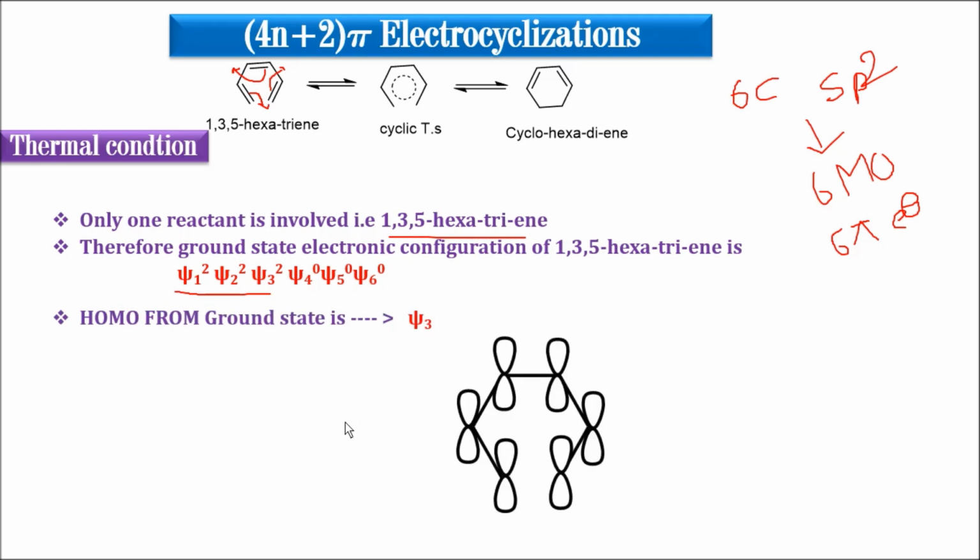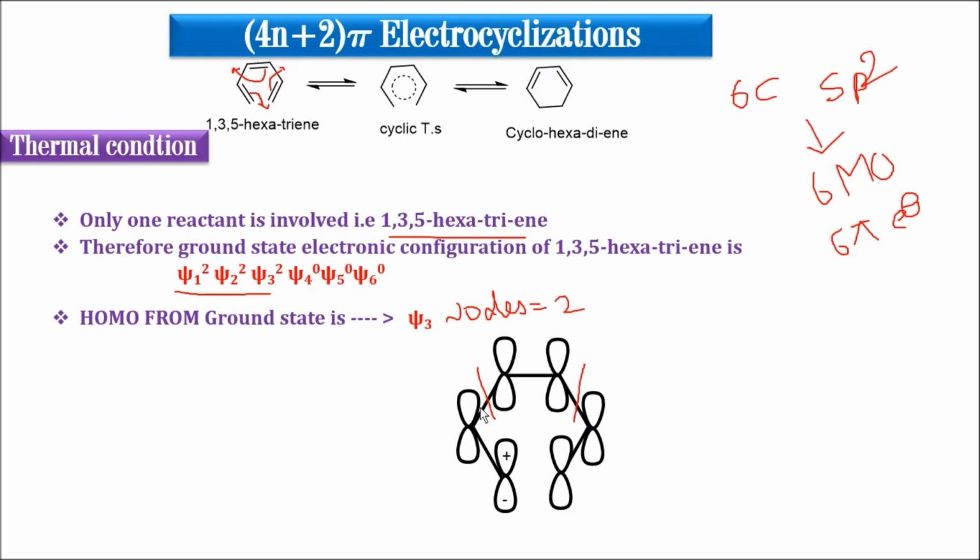This is the molecular orbital, and you have to assign the signs. For psi3, the number of nodes is n minus 1, 3 minus 1 equals 2, so following symmetry the 2 nodes come at these places. You always start with a plus.